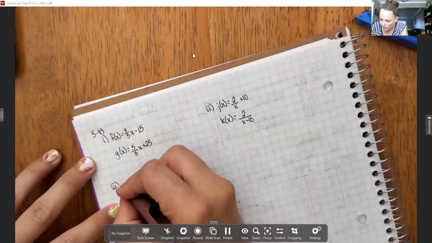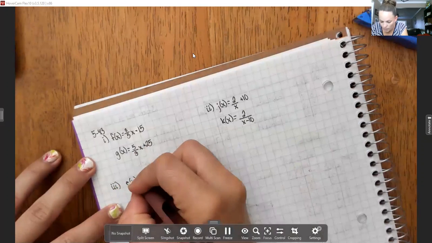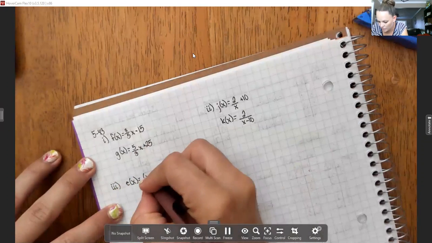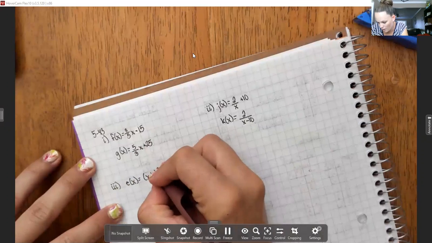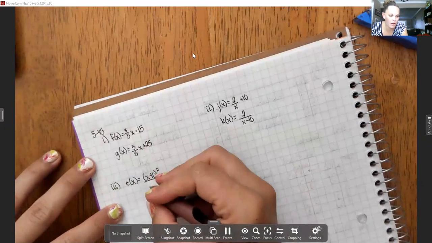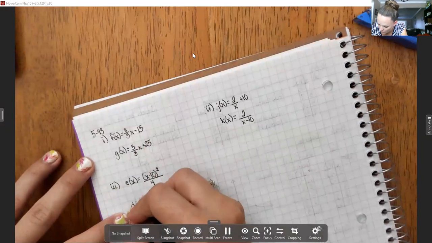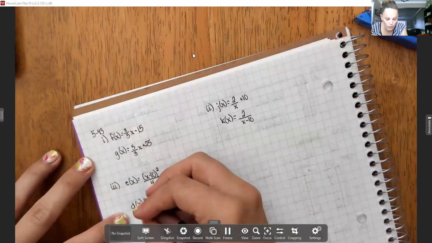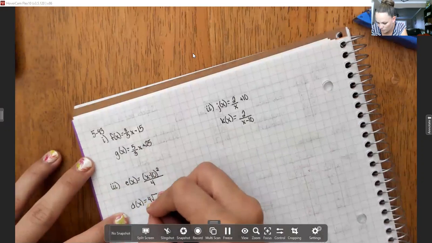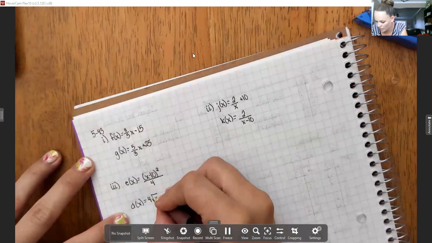Number 3, e of x is x minus 10 squared divided by 4, and d of x is 4 times the square root of x plus 10.